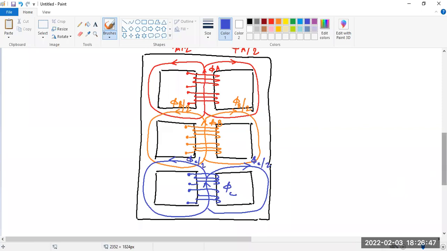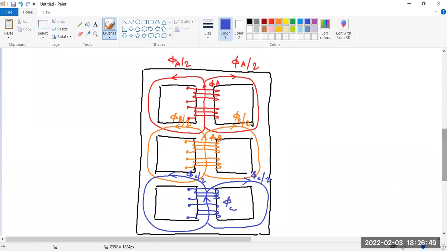Okay. So this is the shell type diagram. So what is the difference with the previous one?